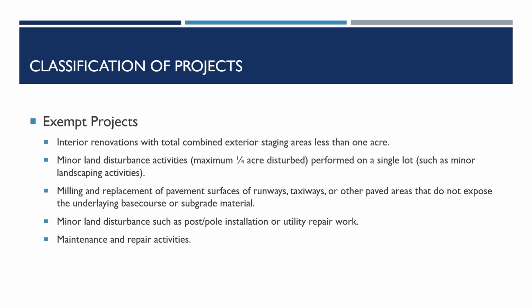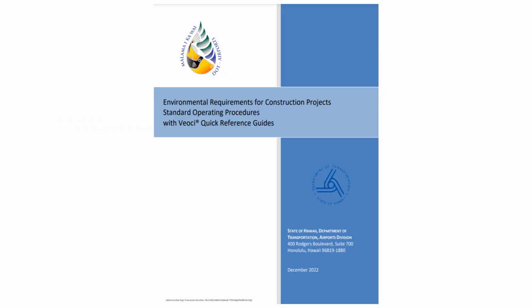AIR-EE will instruct the project at the time of the exemption if additional information is needed through the VOC platform. As mentioned previously, a comprehensive resource is available on the DOT Airport's website titled SOP Environmental Requirements for Construction, or SOP. This SOP provides additional information of the process, documents, and permits mentioned in the following sections.